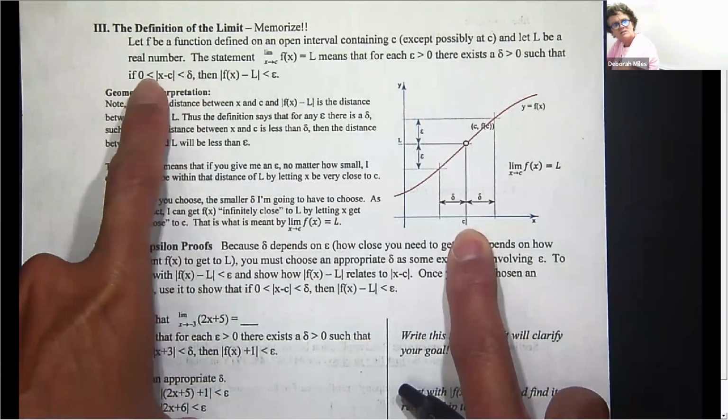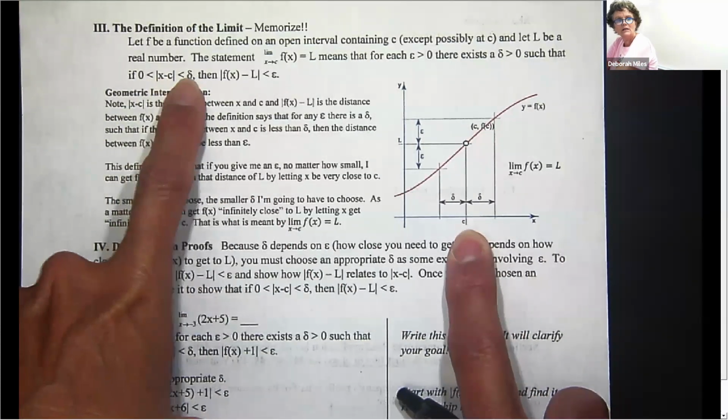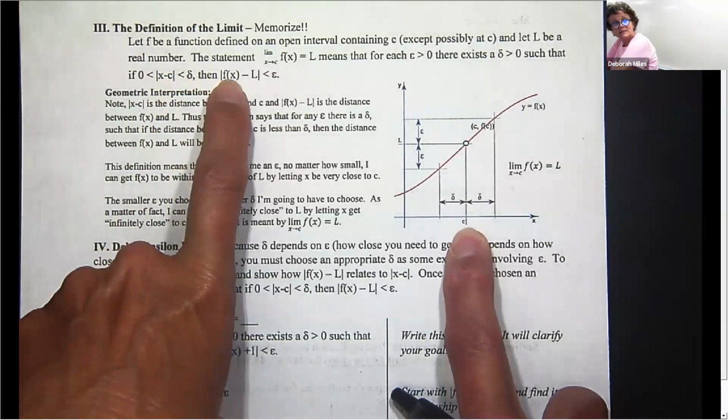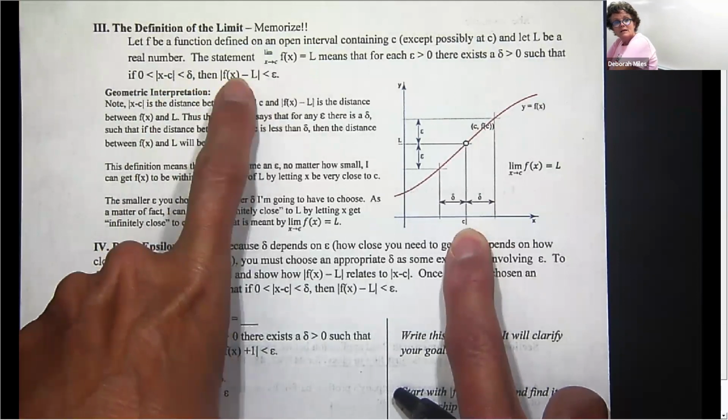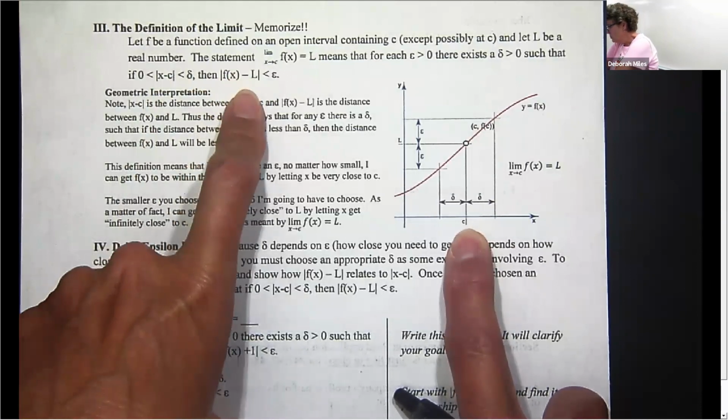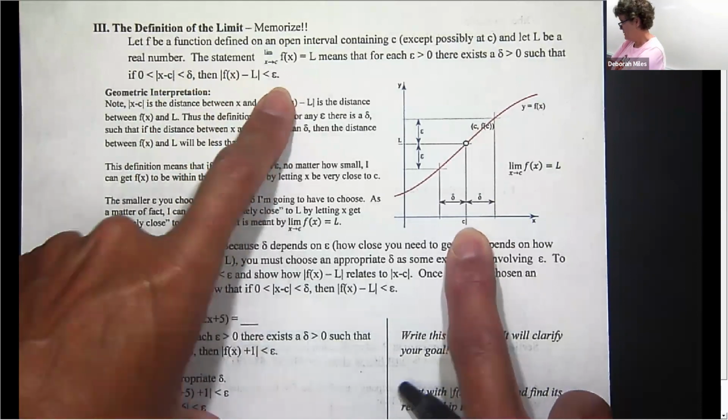If that distance is greater than 0 and less than delta, then the function value, f of x, the distance between the y value and L will be less than epsilon.